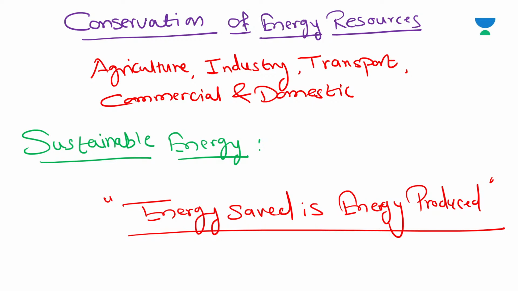Then we have discussed manganese. Manganese is mainly used in the manufacturing of steel and ferromanganese alloy.